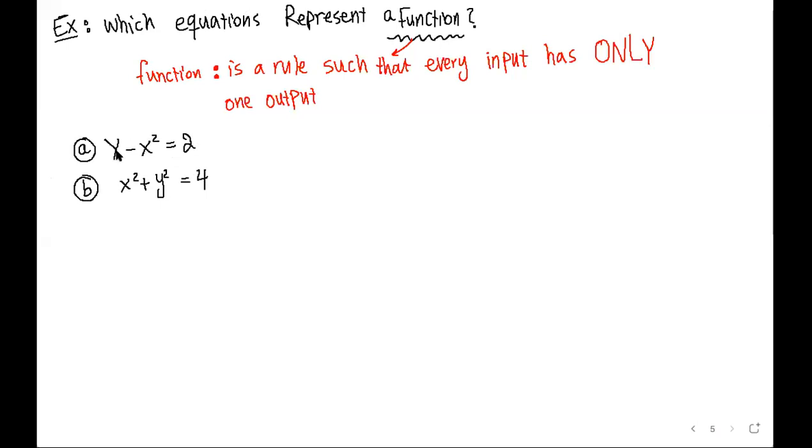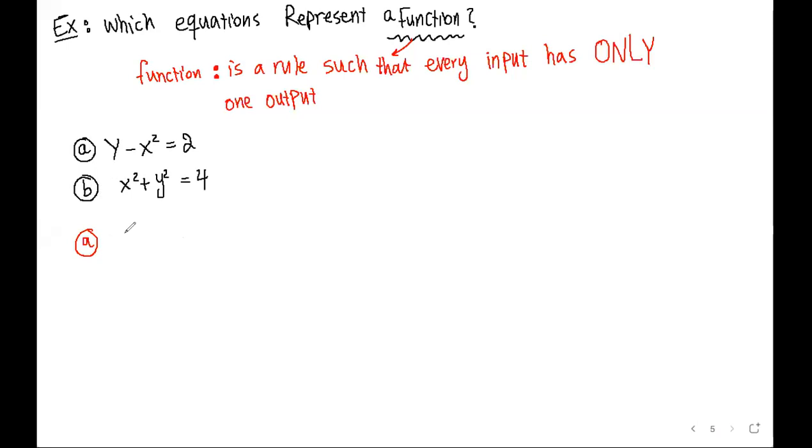The first thing I have to check is whether every input has only one output. To do that, we have to solve in terms of y. I have to make the equation y equal something. Then I check whether every input has only one output. I'm going to do the first one, and the second one I'll choose one of you to do.